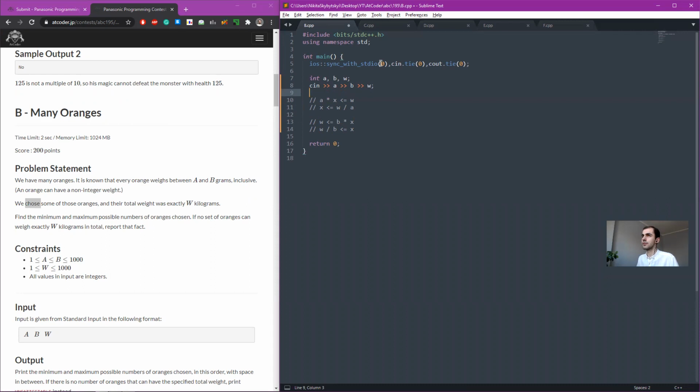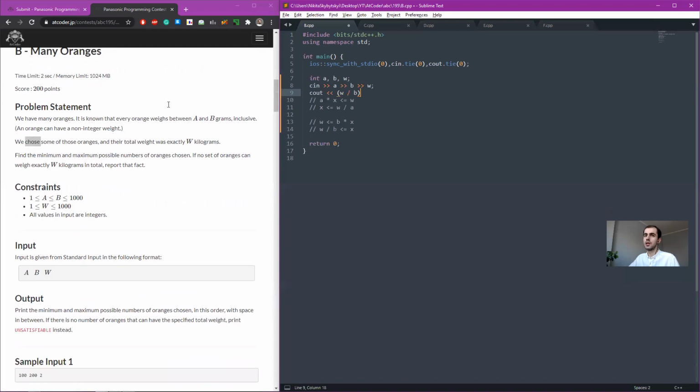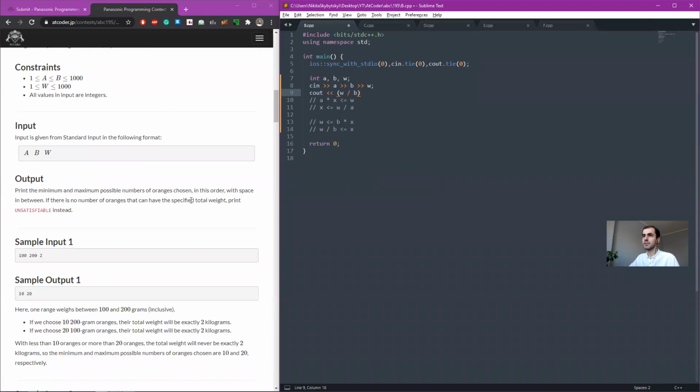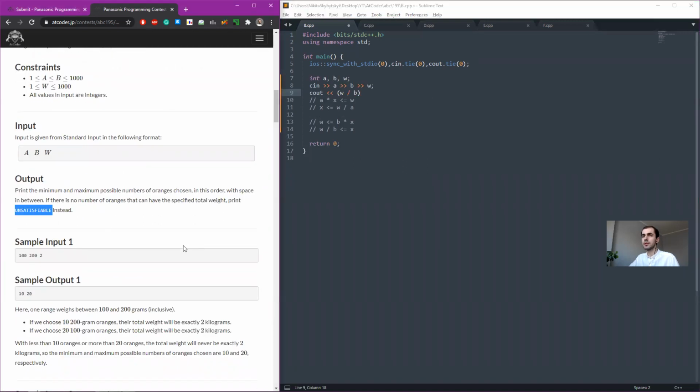So one thing we want to print is the minimum and maximum, right? Oh, there may be no number of oranges that can have the specified total weight.